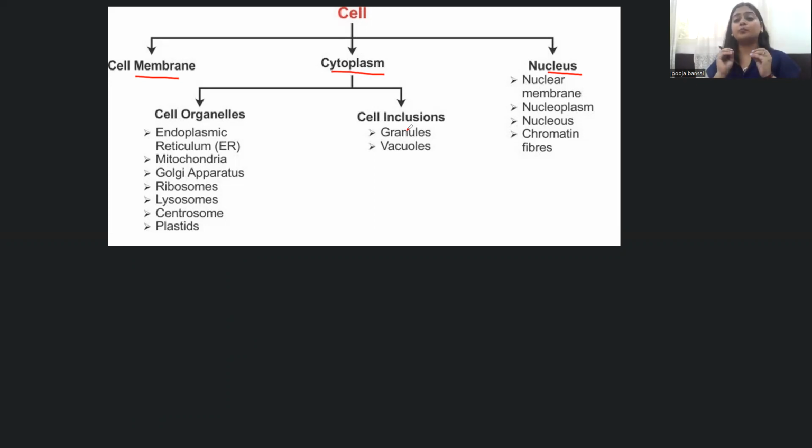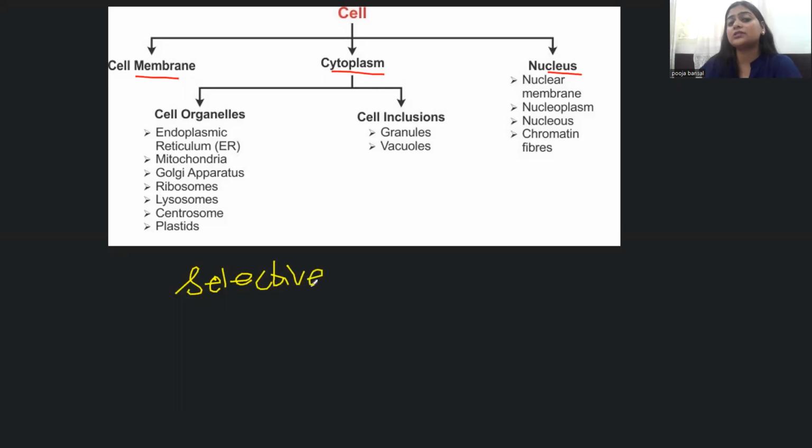Now, a very important feature of plasma membrane that I would say is that it is semi-permeable, or you can say it is selectively permeable. Now, what do you mean by selectively permeable?